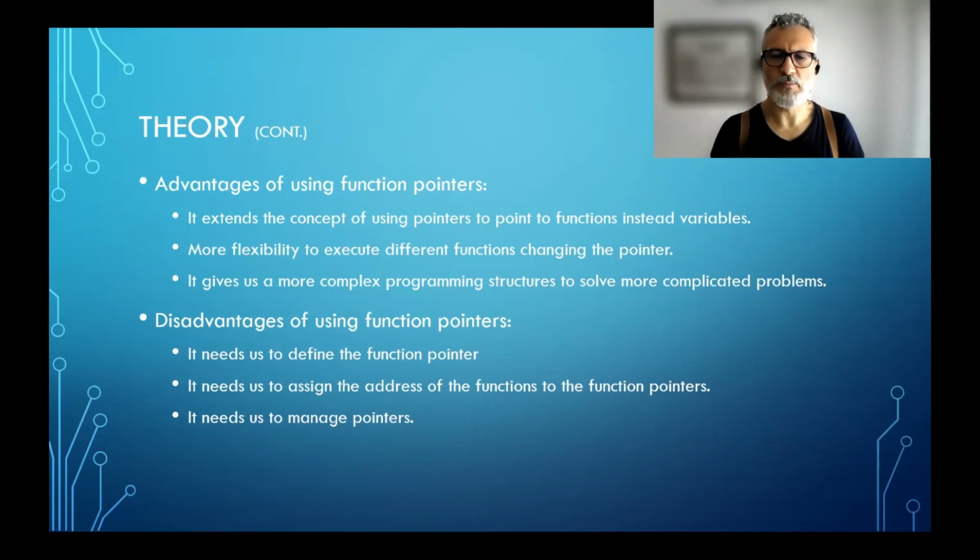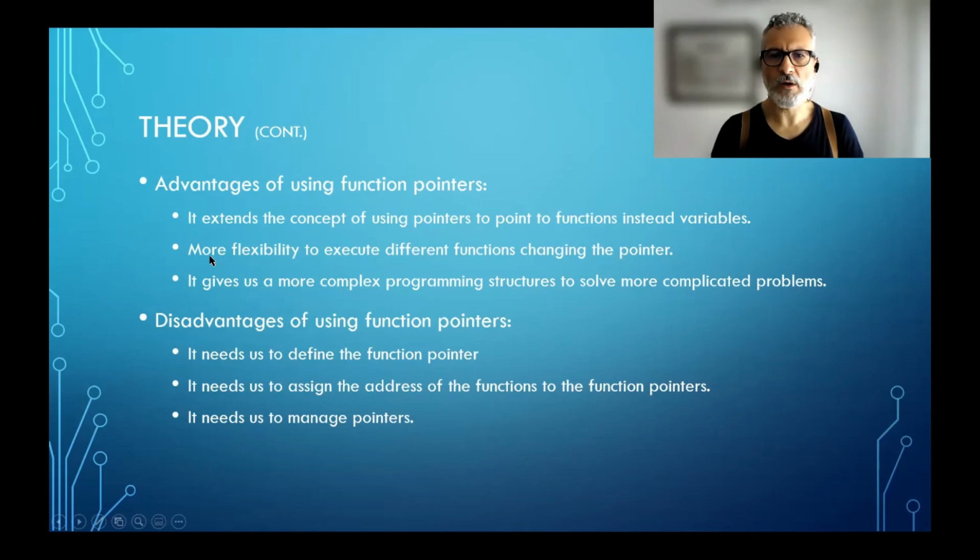Advantages of using function pointers. It extends the concept of using pointers to point to functions instead of variables. The same powerful concept we use for variables, when we use pointers to variables, applies to functions instead of variables.